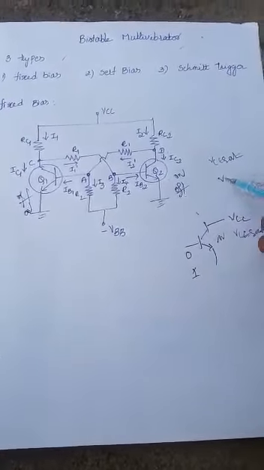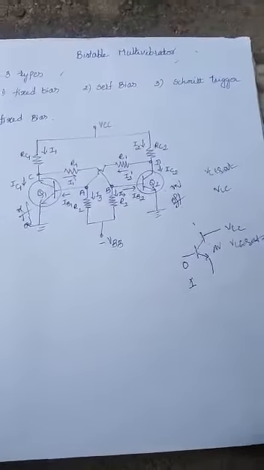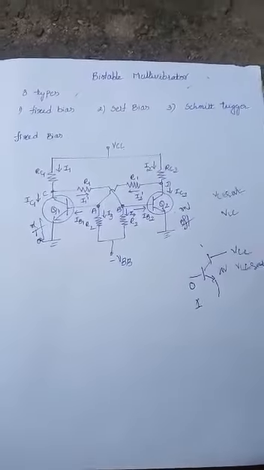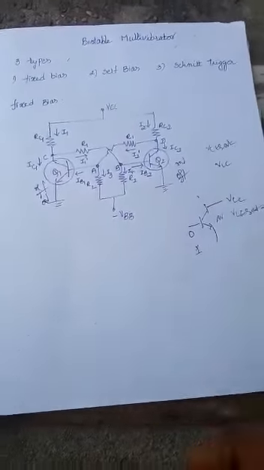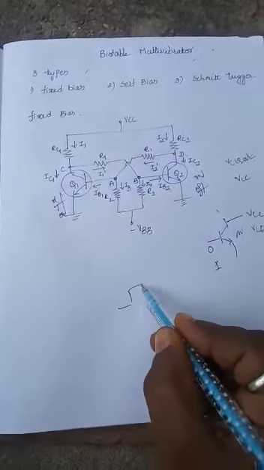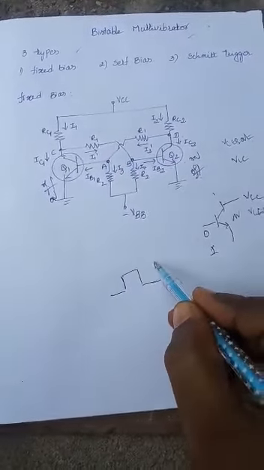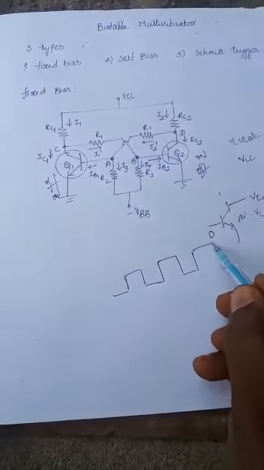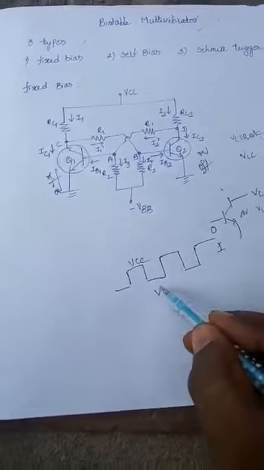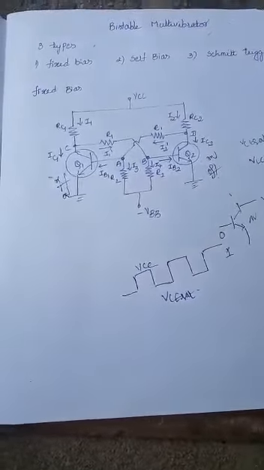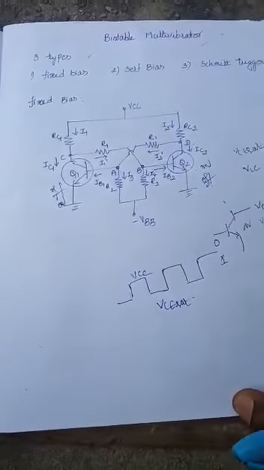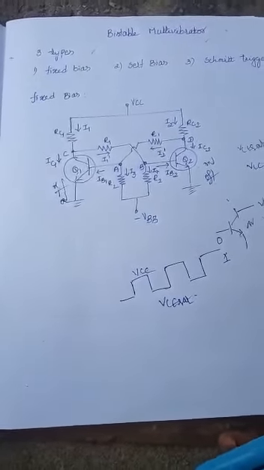That is VCC. So in all the cases, the output of bistable multivibrator is in between VCE SAT and VCC. So the output waveform for bistable multivibrator is a square wave with the two voltages of VCC and VCE SAT.